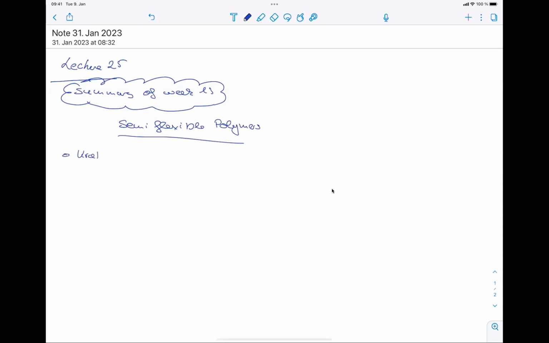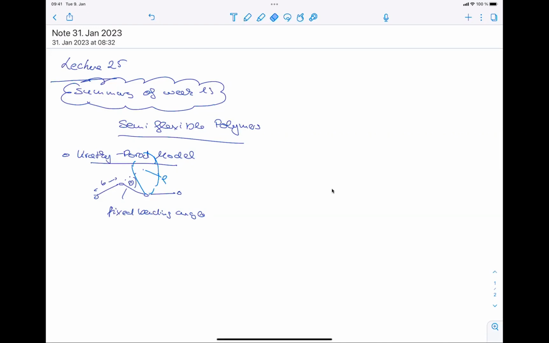First of all, the Kratky-Porod Model, which is kind of a geometric model where the bead rods have finite length b, as usual, but they also have a fixed bending angle theta, and we're only taking the statistical average over the rotation angle phi, uniform in 0 to 2 pi.